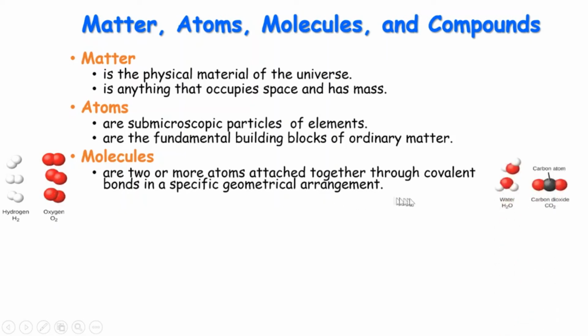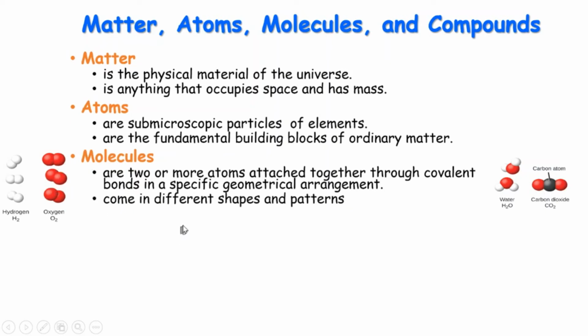Or we can also have atoms of different elements forming molecules. Like in water, we have two hydrogen atoms and one oxygen atom, so we have two different elements. Carbon dioxide, same thing. We have element oxygen, two atoms, and element carbon, one atom. So they are all molecules. Of course, those are not diatomic molecules. Only those are the diatomic molecules.